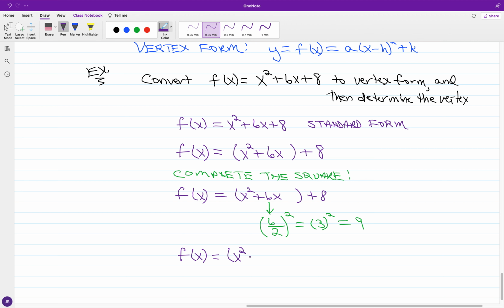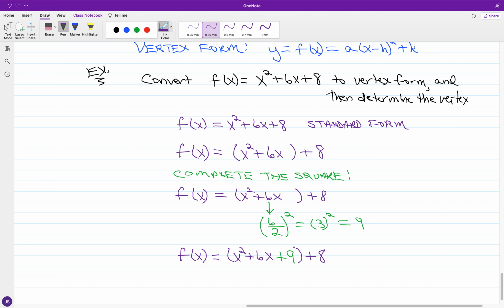Okay, so right now we have f of x is equal to x squared plus 6x. I have plus 9. And so I have the plus 8 to follow. Now I have to create a little bit of a balancing act because I need to offset the surplus that is created at the front. If you notice, x squared plus 6x is followed by 9 and then plus 8.